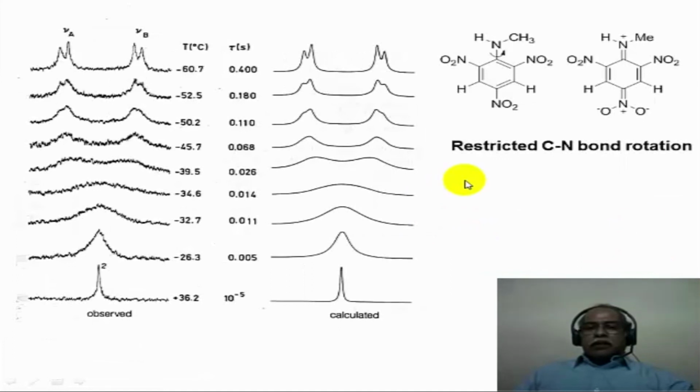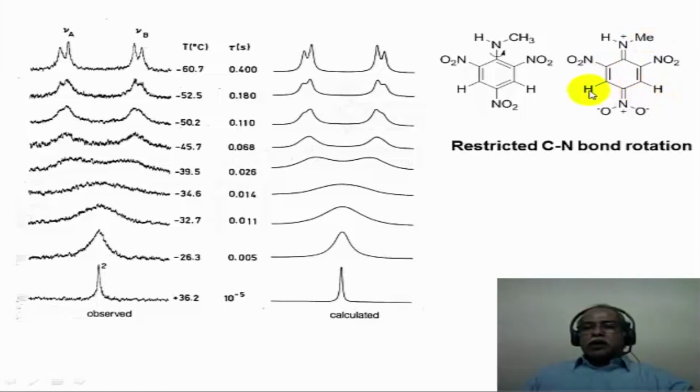Here is the last example of this particular lecture. We are talking about again a restricted rotation of the carbon-nitrogen bond. The molecule is trinitro N-methyl aniline, and there are two hydrogens in the aromatic unit. Suppose there is a restricted rotation around the carbon-nitrogen bond, and the molecule can be represented like this.